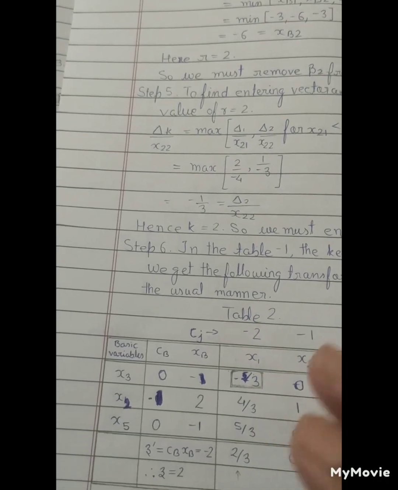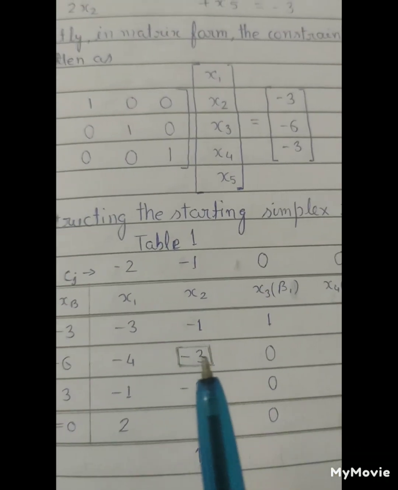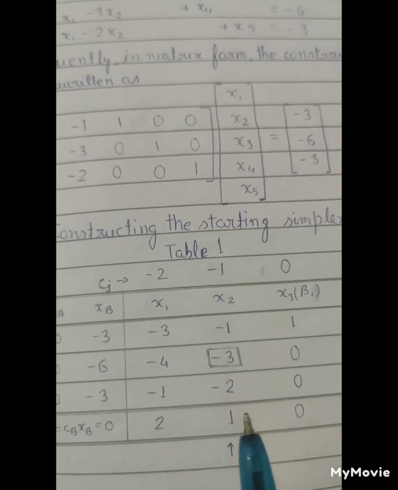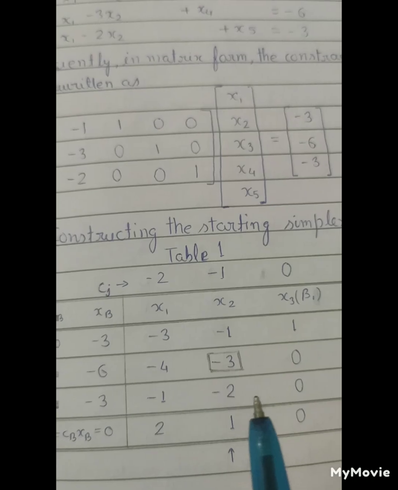In the usual manner, in table 1, in place of minus 3 we will make unity, and the rest of the entries of the column we will make 0, 0.